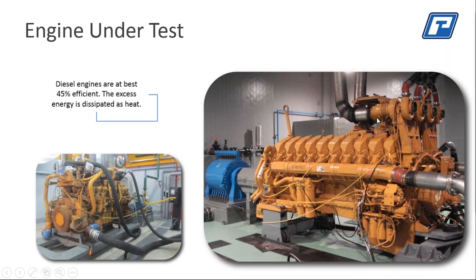So there's a lot of things that get involved in the engine circuit. So I am not only trying to remove heat from the water circuit or the water jacket on the engine, but in most cases on modern diesel engines, I also have to remove heat from the turbocharger circuit, which is the next slide we're going to get into.